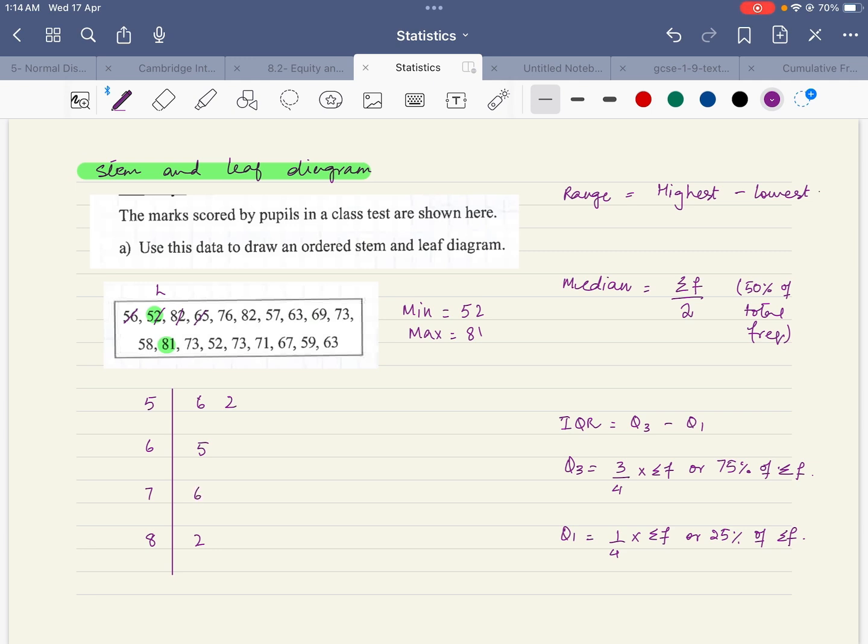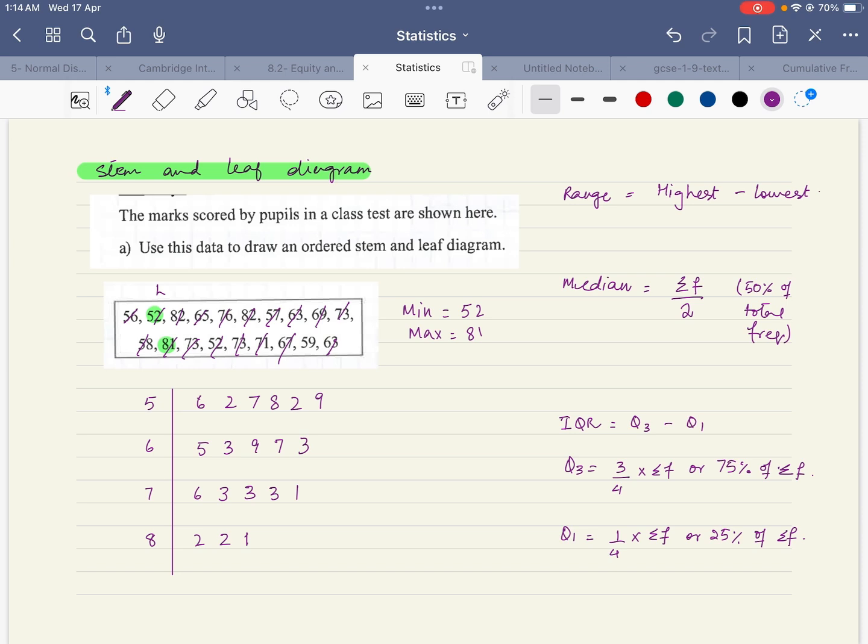Then we have 76, 82, 57, 63, 69, 73, 58, 81, 73, 52, 73, 71, 67, 59 and 63. All the data is done.